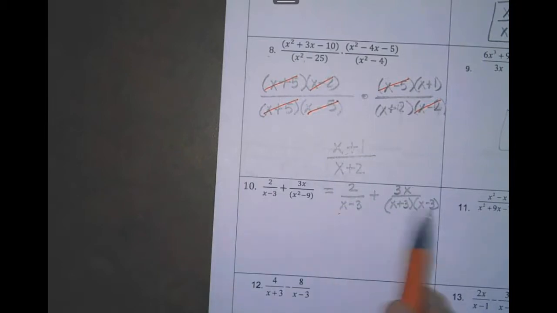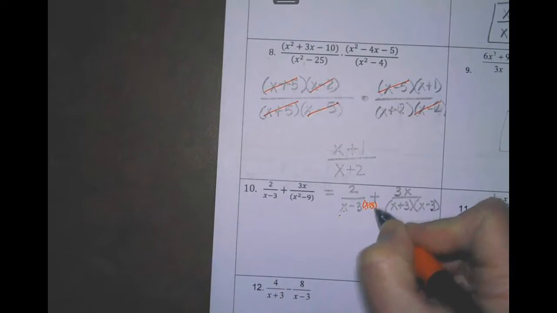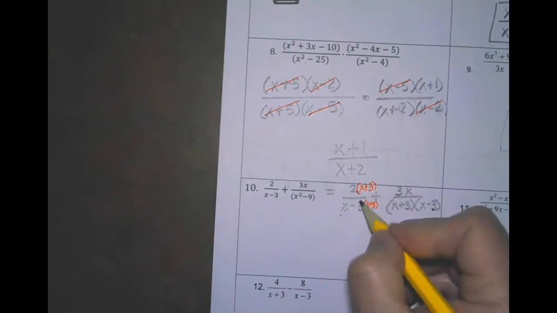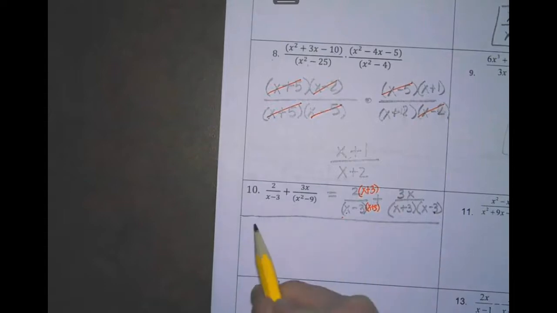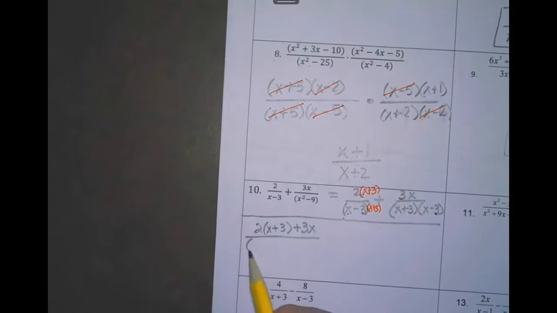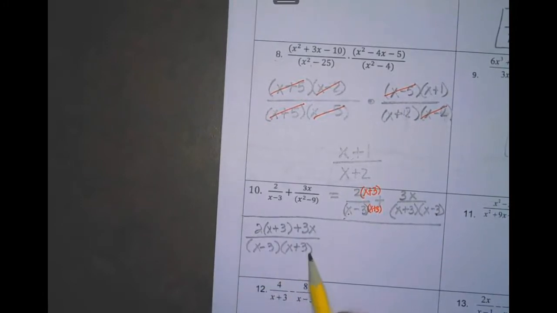This denominator, they both have an x minus 3, but this one needs an x plus 3. And so I'm going to need to multiply on the top and the bottom so that I can have a common denominator. So for my next step, I will have 2 times x plus 3. I need to distribute that, plus 3x, all that over the common denominator.